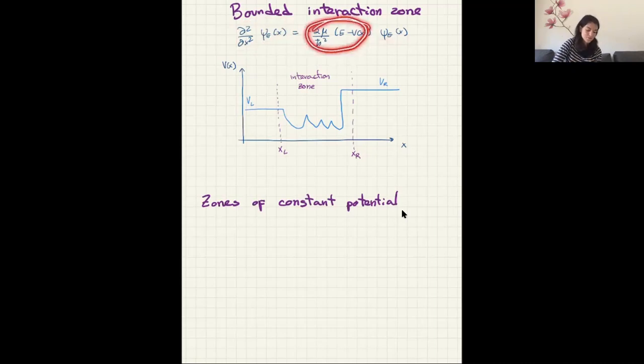Depending on the sign of this constant, you'll get a solution that is either an exponential of a complex number or an exponential of a real number. So depending on whether the energy is larger than the potential here or here, we get solutions that correspond to oscillating waves or to decaying exponentials. I think we will make a break here because we anyway have 3 minutes to make up for. So we'll continue now at 10:45.